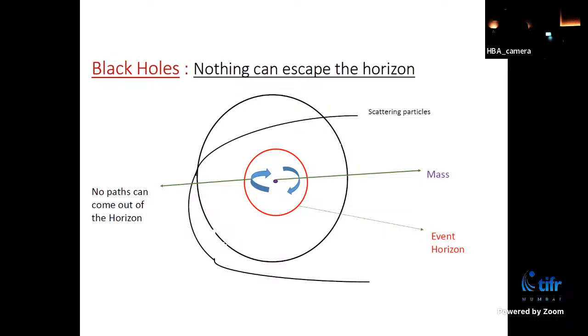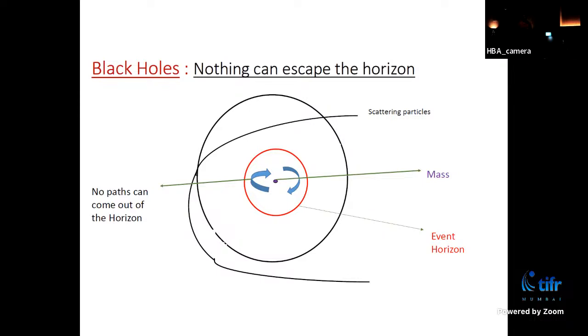So we will have scattering trajectories where particles will come in, get bent, and then escape. Then some objects would form a stable elliptical orbit around the black hole and keep orbiting it. Also, we could have a third kind of trajectory where particles spiral in. They will cross the horizon.